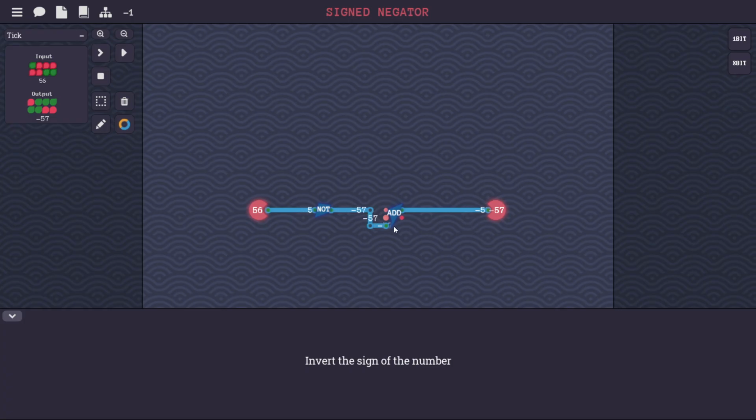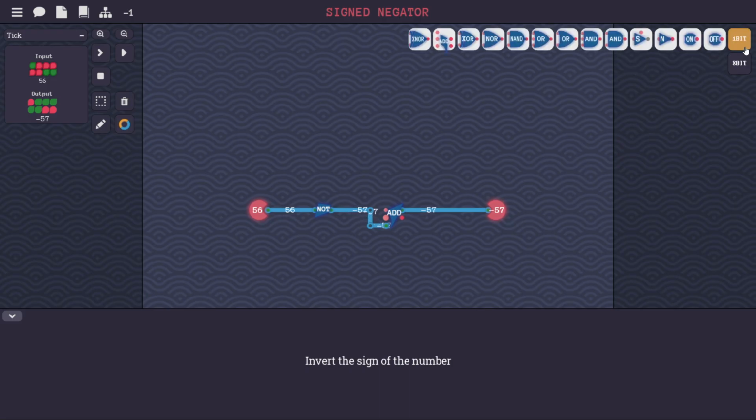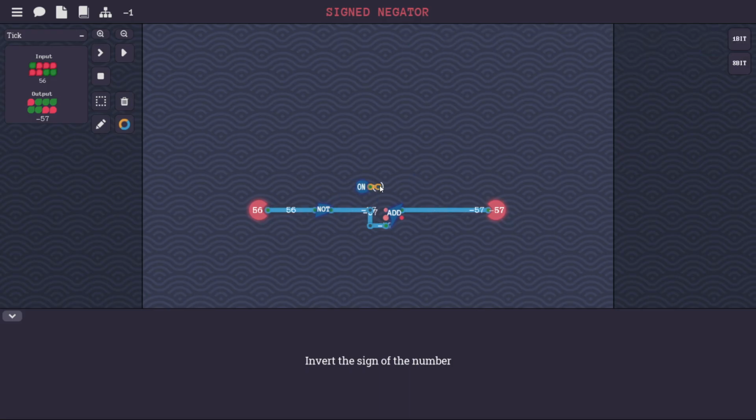So we have negative 57 flowing through this adder, but to add a 1 we can use the same on that we are using. It's just a 1. This is a single bit, not 8 bits.